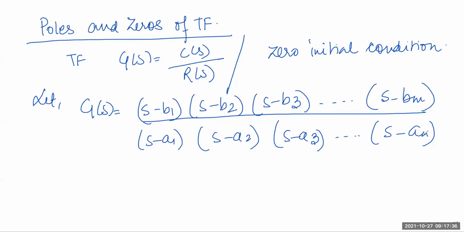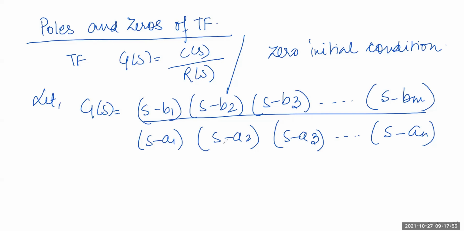First of all, you need to know what a zero is and what a pole is. The proper definition is there. Zeros of a transfer function are defined as the values of s for which the magnitude of the transfer function becomes 0.